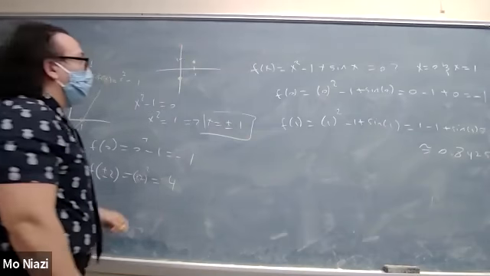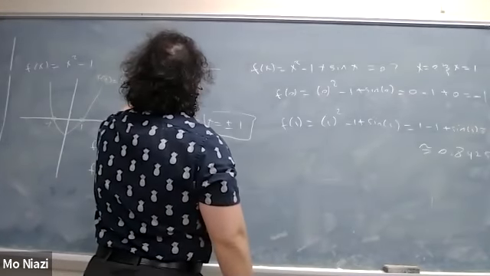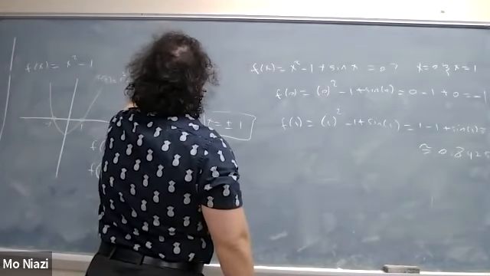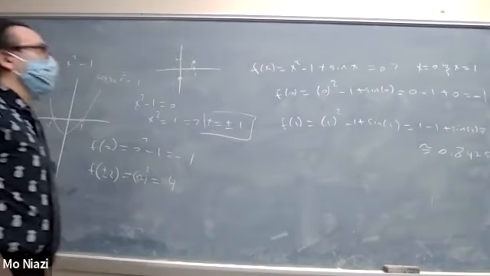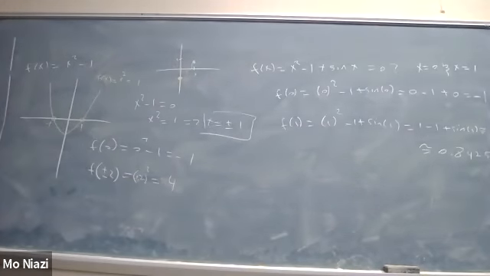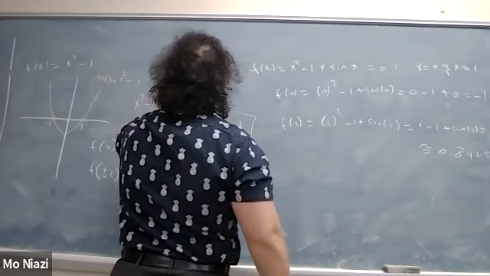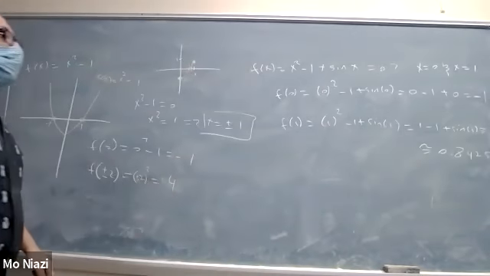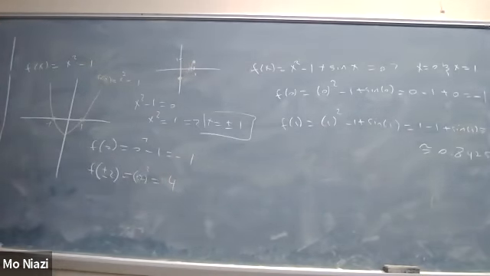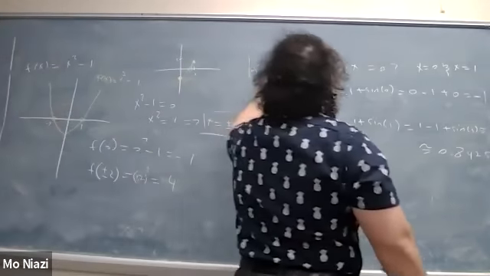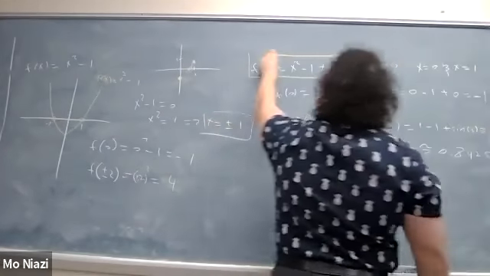That means somehow, by some path that we don't know yet, it must have continuously connected those two dots. And that means by the intermediate value theorem, there is some point here where it crossed the x-axis. And that is the root. That is the solution to this equation.